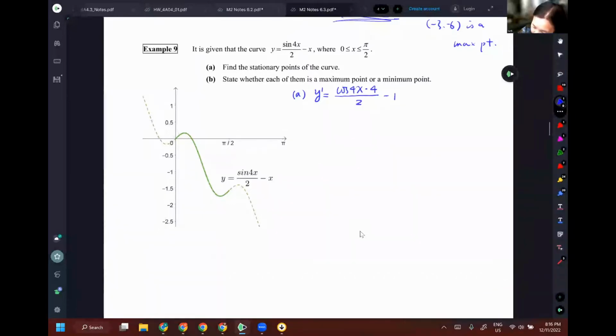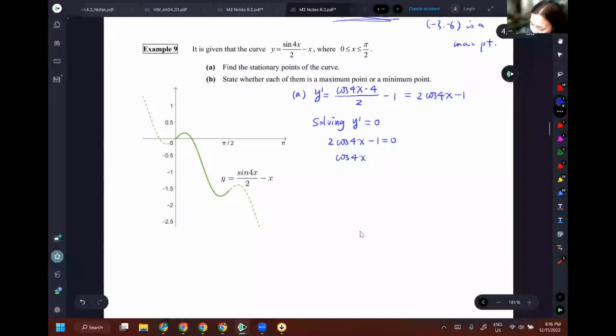Solving y prime equals 0, maybe I simplify a little bit. It's 2 cosine 4x minus 1 equals 0. So cosine 4x equals 1 over 2. I need to solve this equation.